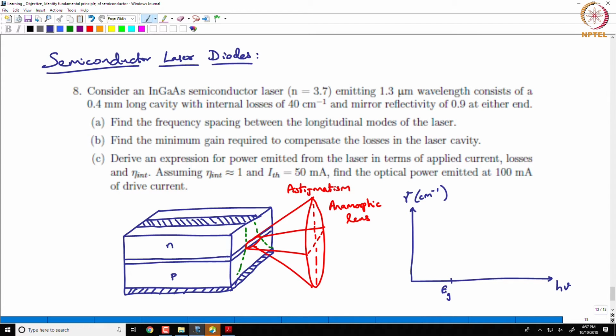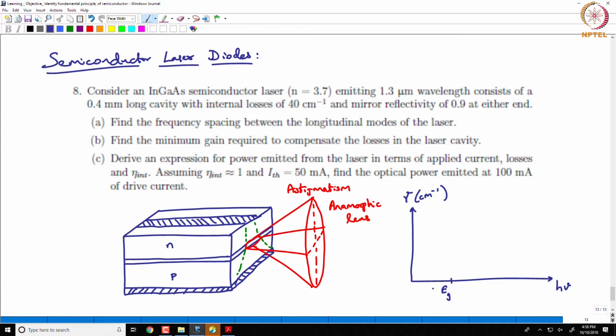Why is that? No energy levels exist, these are all forbidden. So, you are not going to have any action happening to the left side of Eg. Initially, if you are not injecting any current into this structure and you are sending light in, it will act like an absorbing medium, because you have all your electrons in the valence band and no electrons in the conduction band.